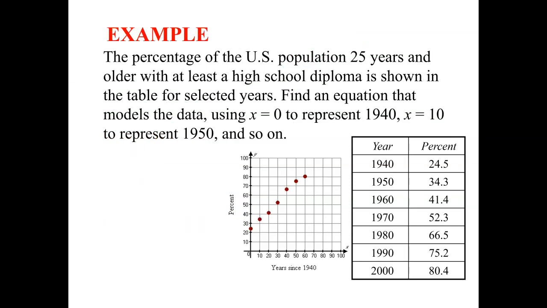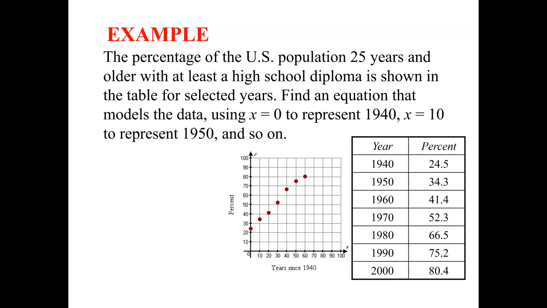All right. Percentage of the U.S. population 25 years and older with at least high school diploma, and so on. Focus up. This is the last one. We want to write an equation that models based off this graph and this accompanying chart. Find an equation that models the data using x equals 0 represents the year 1940.